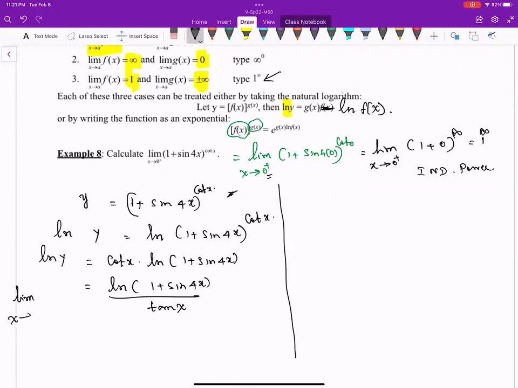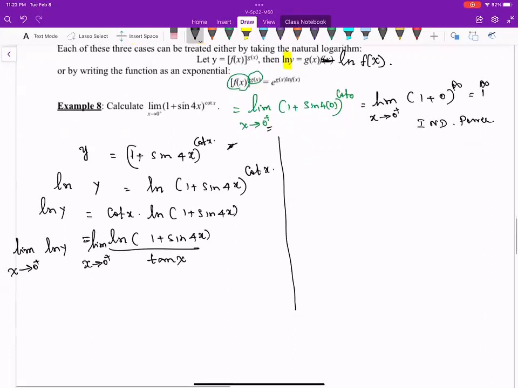The limit as x approaching 0 from the right of ln y is the limit as x approaching 0 from the right of ln of (1 plus sine of 4x) over tan x. So if you plug and play now, it is ln of 1 plus sine of 4 times 0, divided by tan of 0.